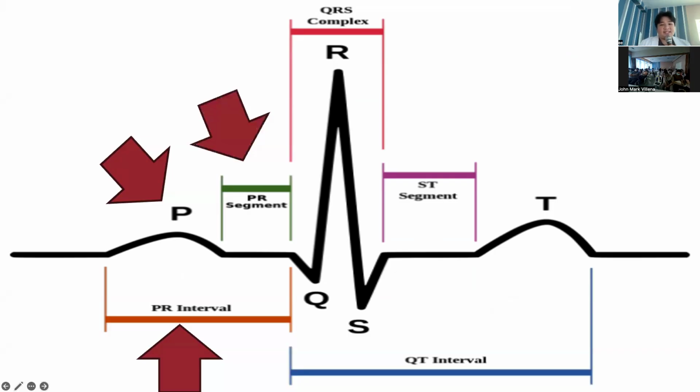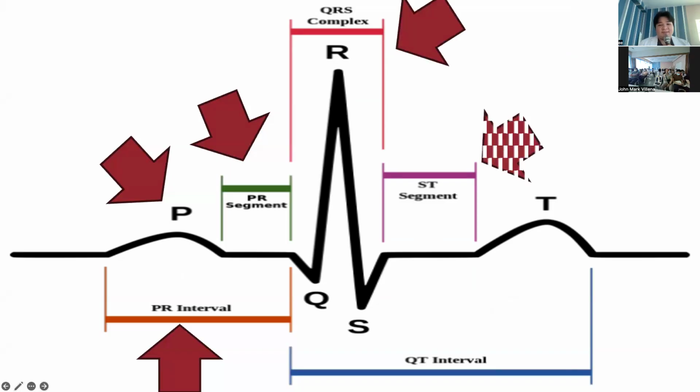The QRS complex is a distinct waveform that represents the rapid depolarization of the ventricles. The ST segment is a horizontal line that represents the interval between ventricular depolarization and repolarization.